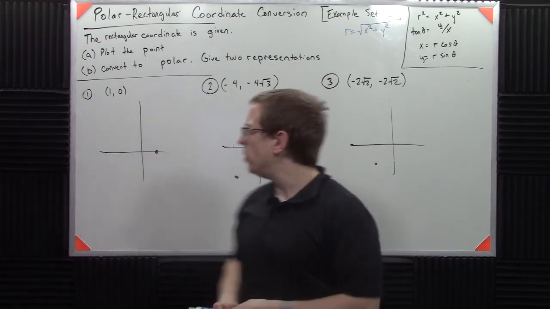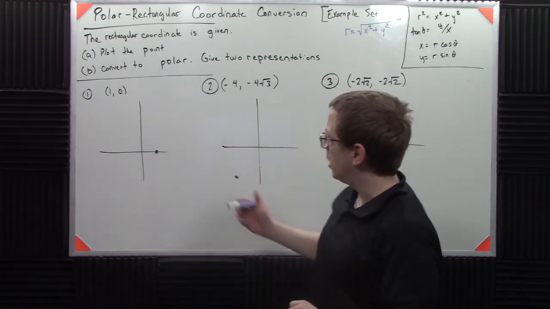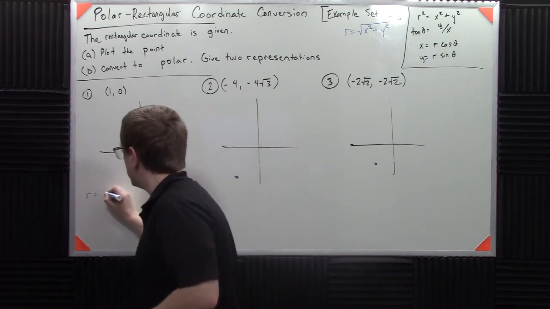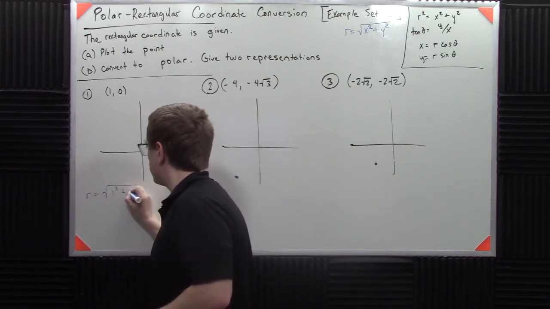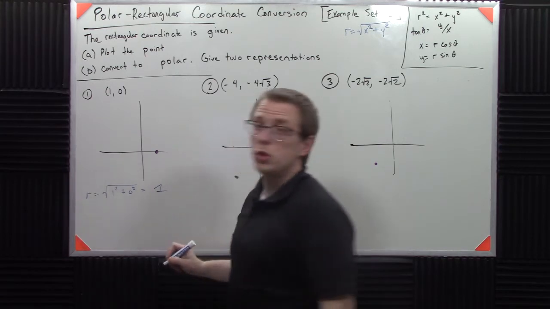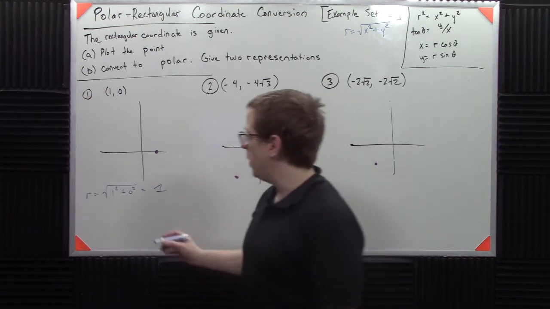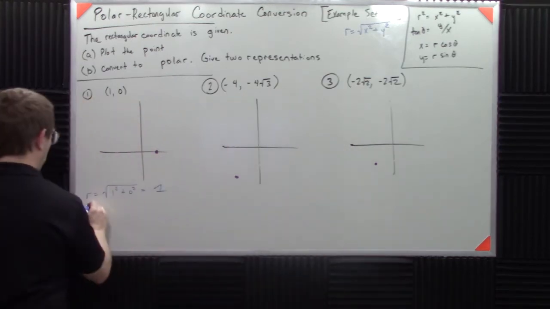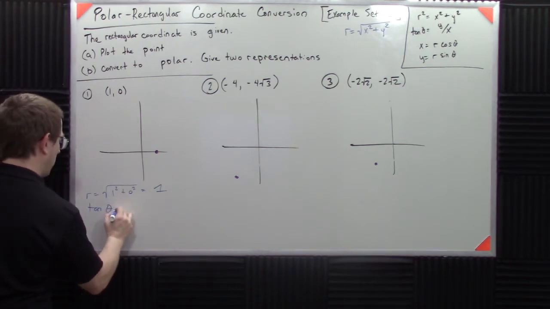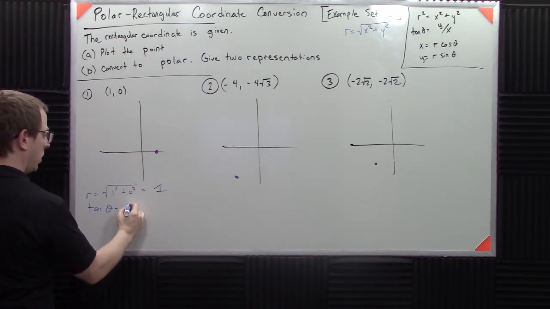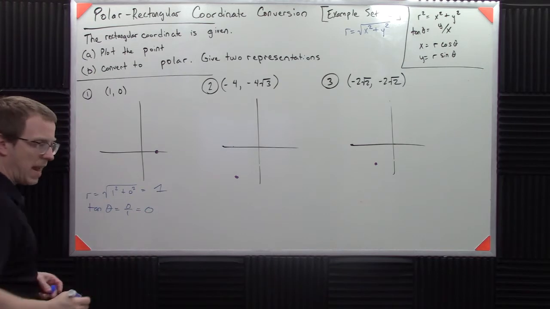So r is the square root of 1 squared plus 0 squared, which is 1. Then tangent of theta is 0 over 1, which is 0.